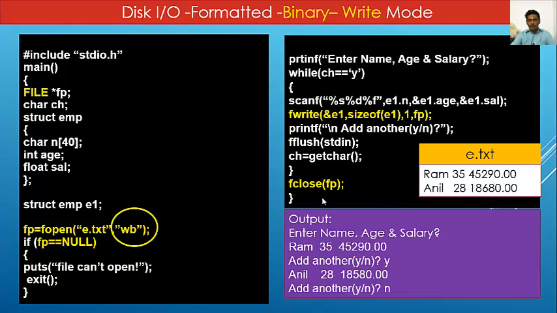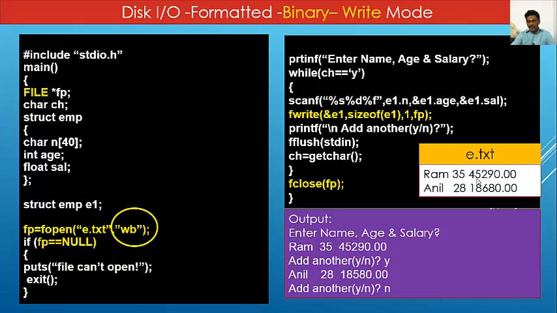So after the program execution, it asks for some input. After completing the execution, we open the e.txt file. It has these values, but they are stored in binary format. That is, numerics are treated as integer and float. An integer requires only 4 bytes.